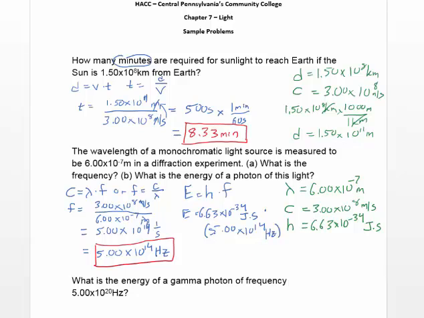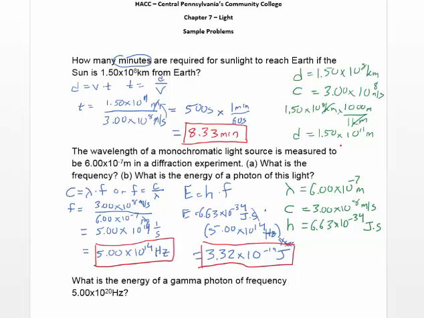When we multiply those two, remember that hertz is 1 over seconds, so seconds times 1 over seconds will cancel, and all that will be left is an energy in joules. In this case, when we multiply those, we find that it is equal to 3.32 times 10 to the negative 19th joules. So we find our answer for the energy of that photon as well.